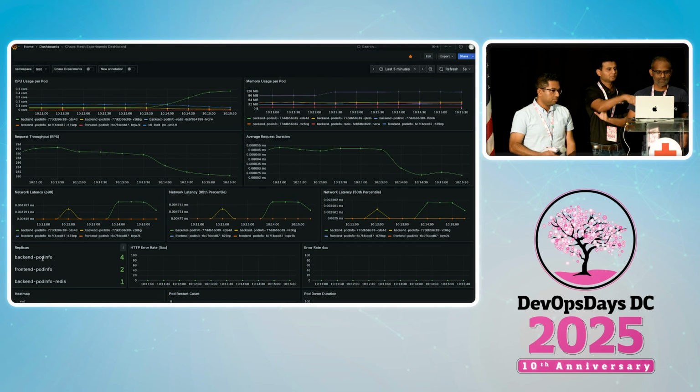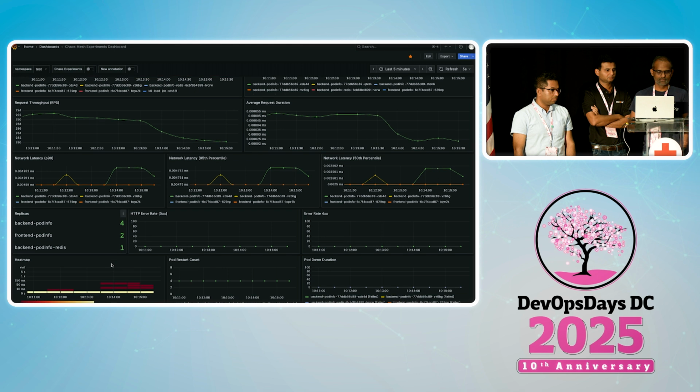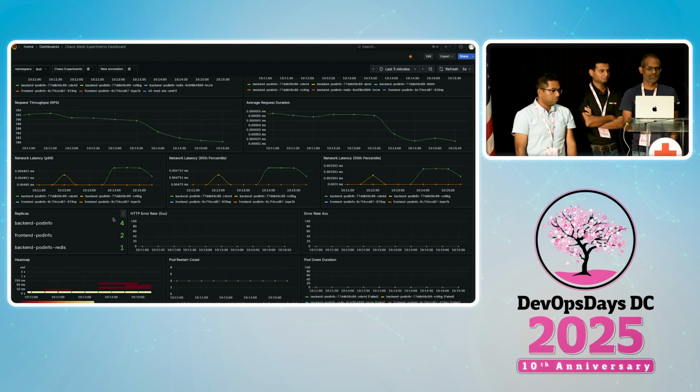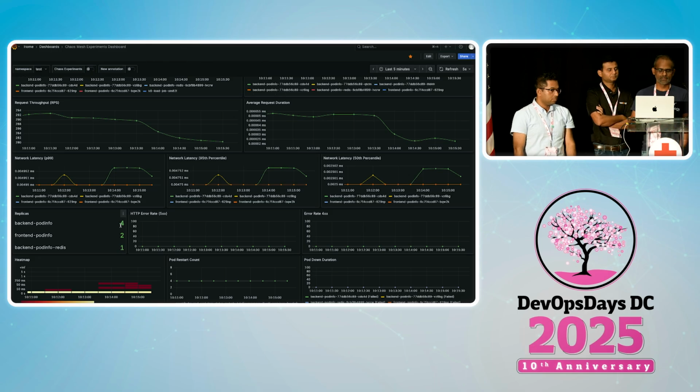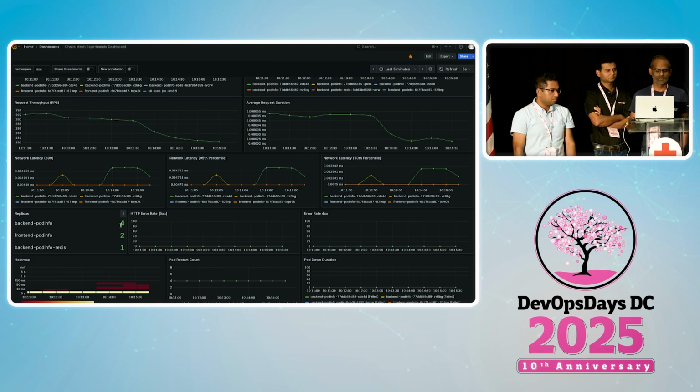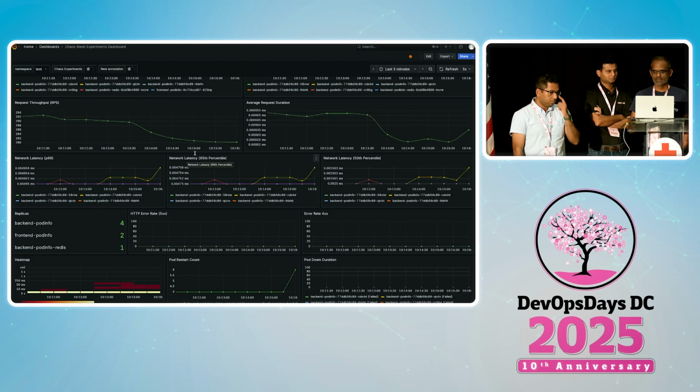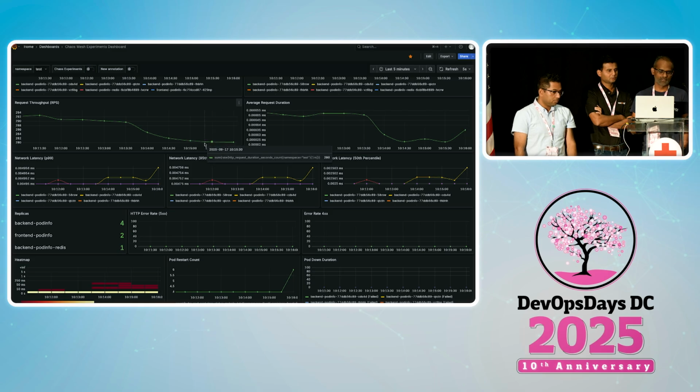You can see the backend pods have already come up to 4, because Kubernetes automatically applies the horizontal pod autoscaler, and it's spreading the requests properly.